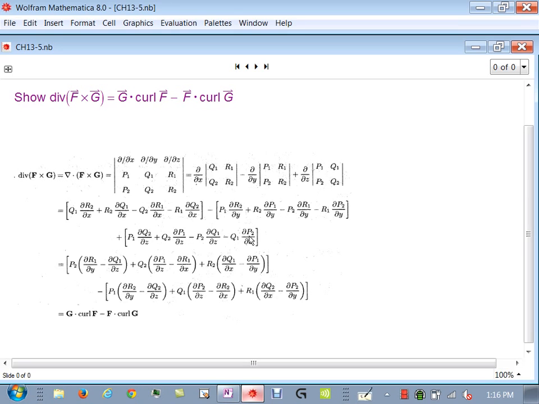Then they dropped all these parentheses and got all their terms with P2, Q2, and R2 factored out, separated from all the terms that had P1, Q1, and R1. And if you look at that, this right here is exactly G dotted with the curl of F, and the second brackets is F dotted with the curl of G.